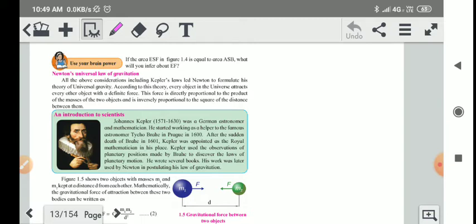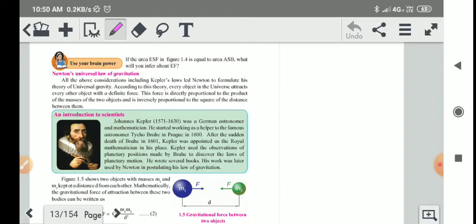We are going to study the next topic, that is Newton's universal law of gravitation. Depending on Kepler's laws, here Newton gives his famous law, the universal law of gravitation.